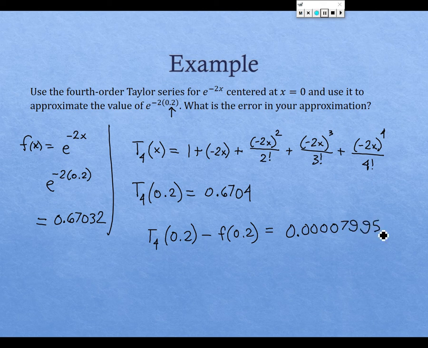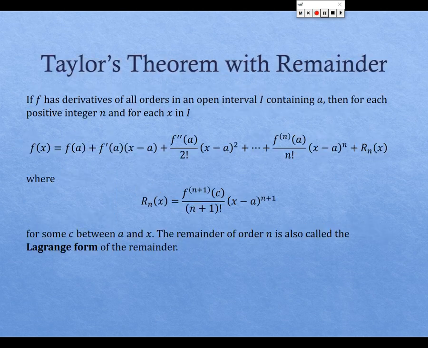A very small error though. But of course, we expect that because we're using the fourth order Taylor polynomial, which is good. And we're estimating something very close, so we kind of expect the answer. We'd be surprised if the answer was really far off, given that we're using the fourth order Taylor polynomial, which is not a bad approximation, and that we're not that far away from the center of our expansion. So that's not a huge surprise.